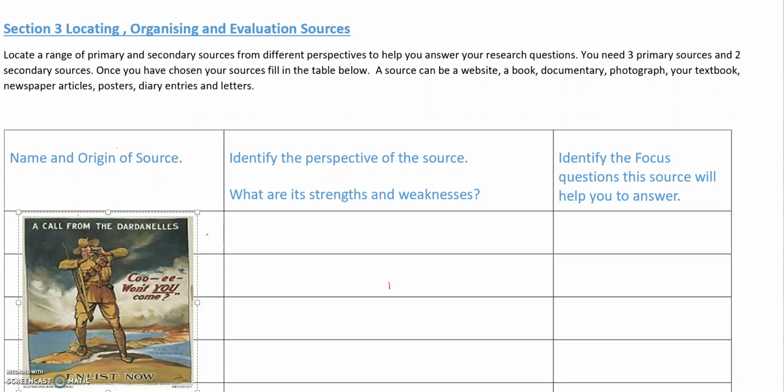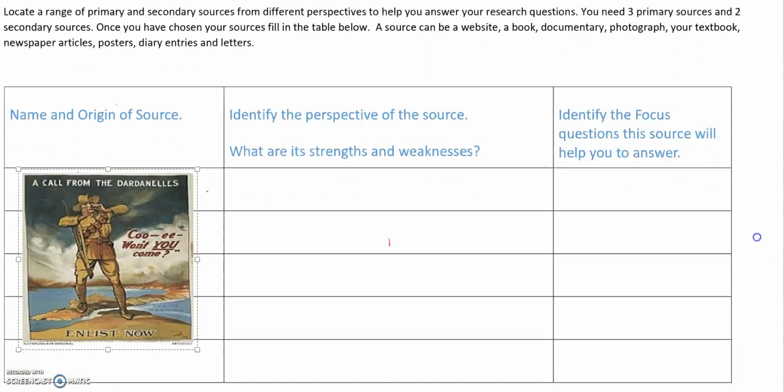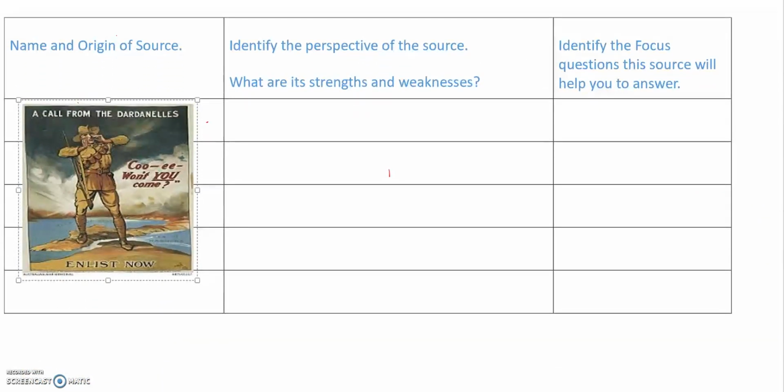Now, a little tip with this one, and I really think it will help you select your sources as well: as soon as you've finished your focus questions, I would, in order, copy and paste them into these sections here. So you would have your key question, your focus question or questions on background events.